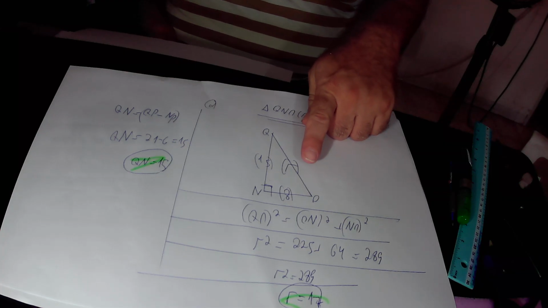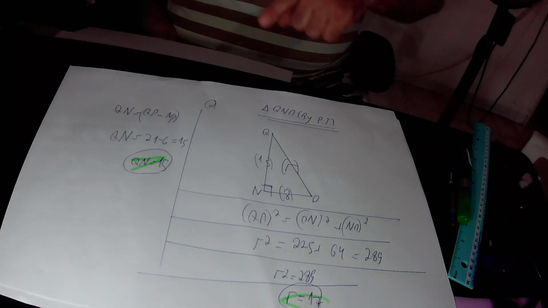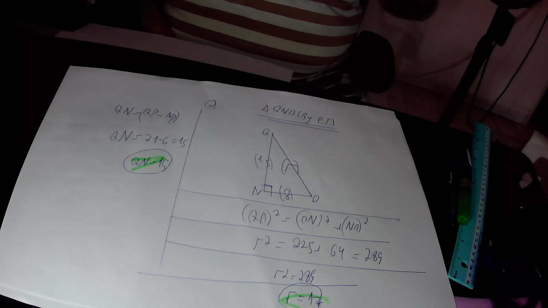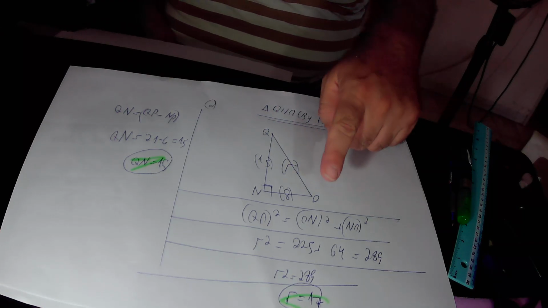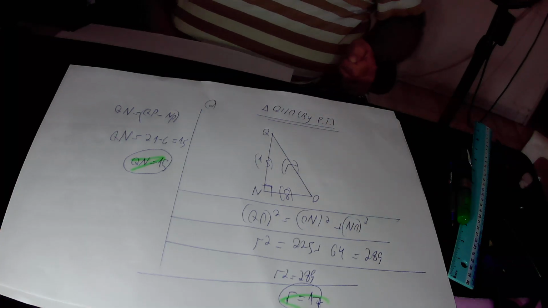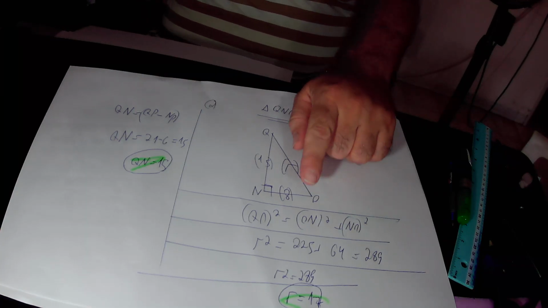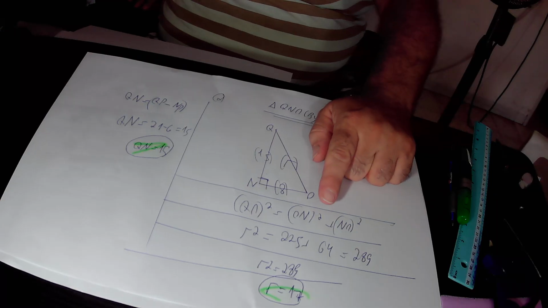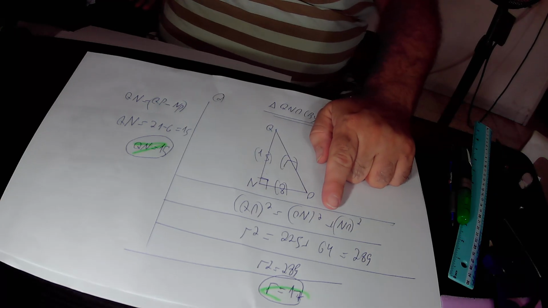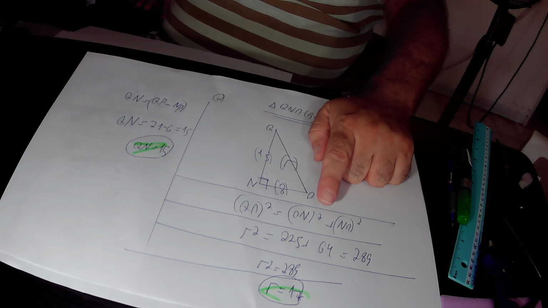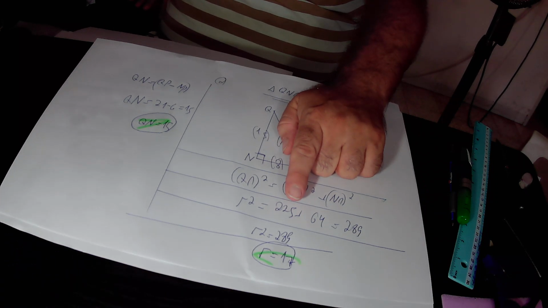ON is 8, therefore ON squared is 8 squared, that is 64, plus QN squared. QN is 15, therefore QN squared is 15 squared, that is 225. So in total we found out that R squared equals 225 plus 64. 225 plus 64 is 289. So R squared equals 289.